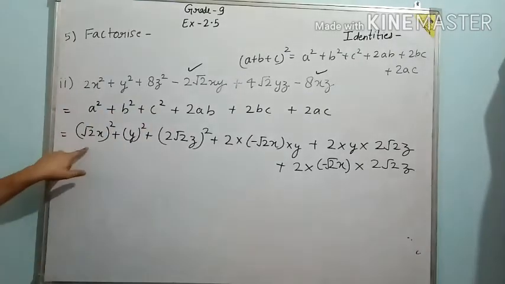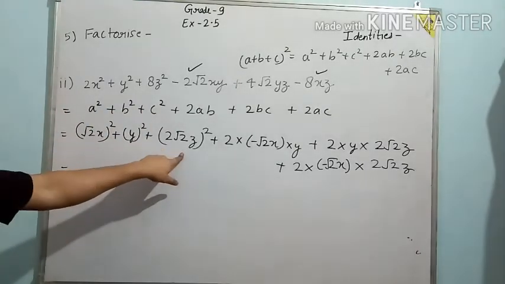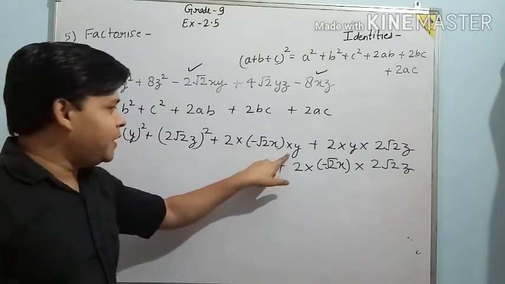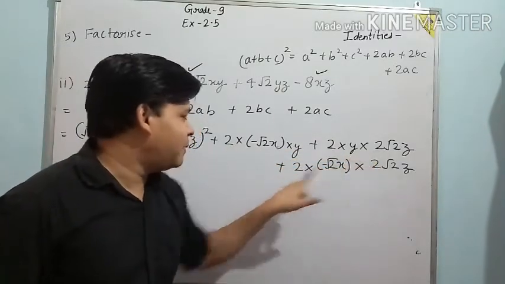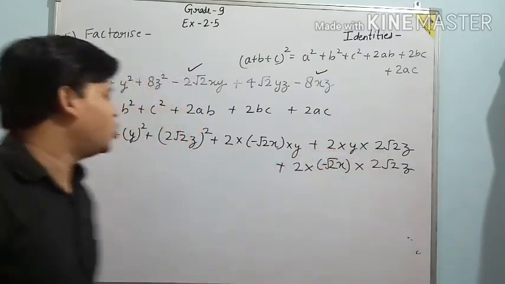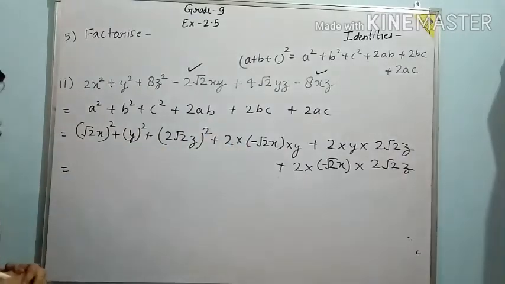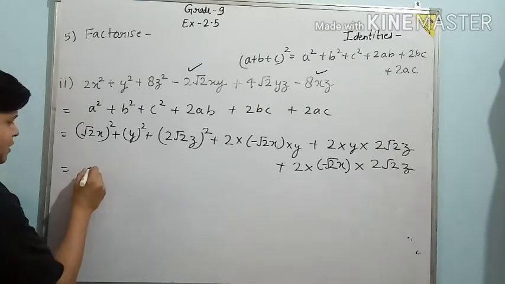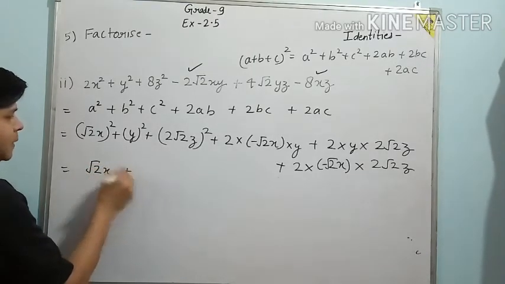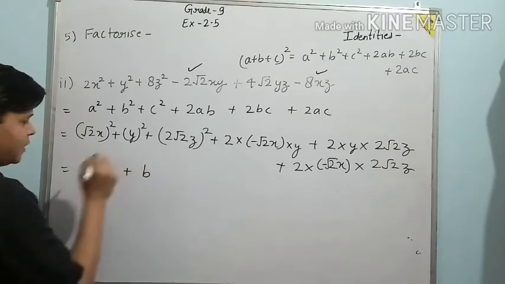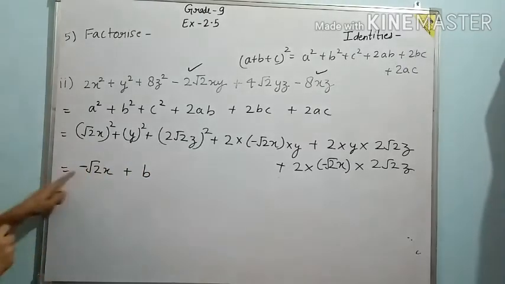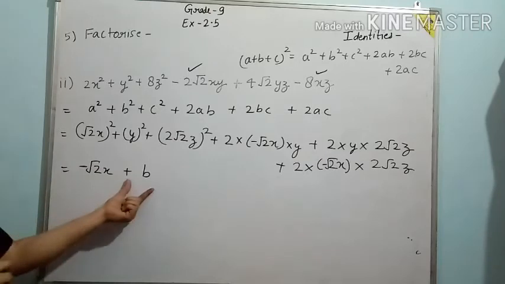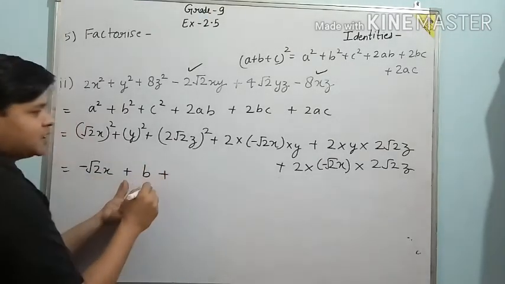Now write down the values. So we have written a square plus b square plus c square plus 2ab plus 2bc and plus 2ac. So the formula is completed now. We can write it as a plus b plus c whole square. That means a is root 2x, b is y, but here a was negative, so we have put a minus sign. So a plus b plus c. What was c?